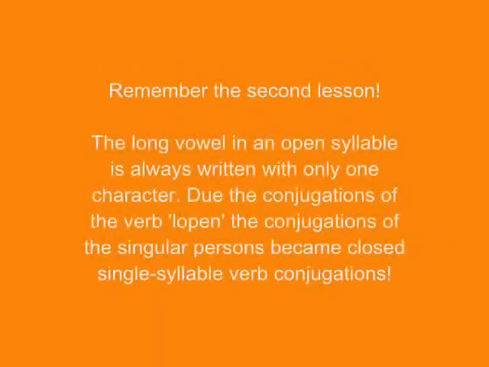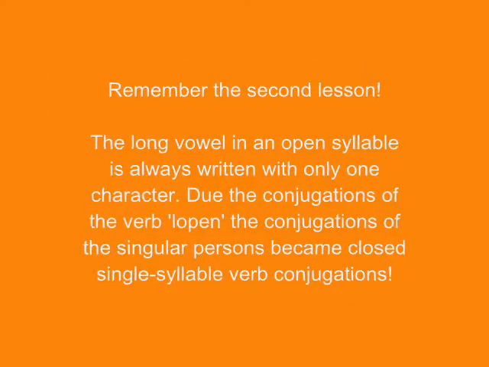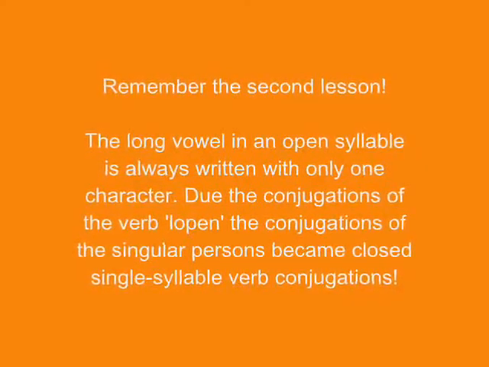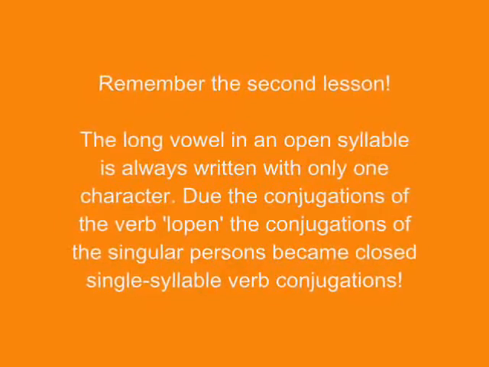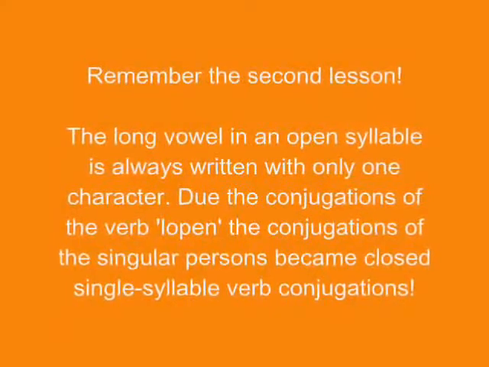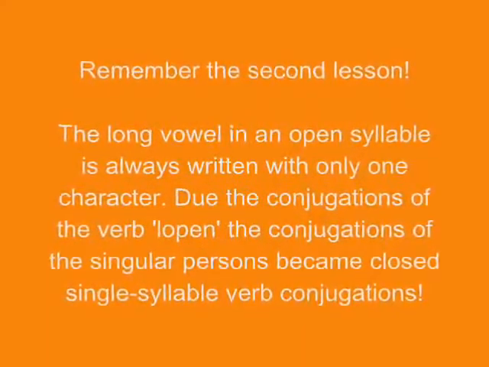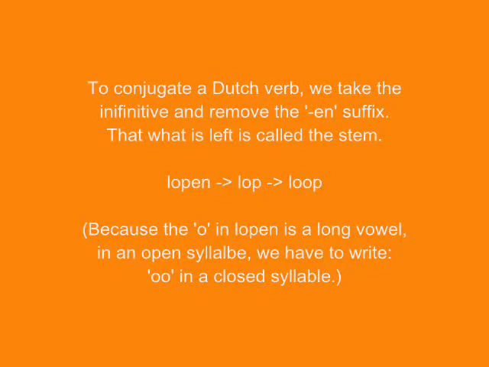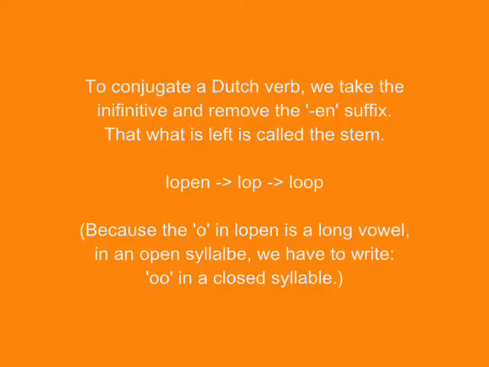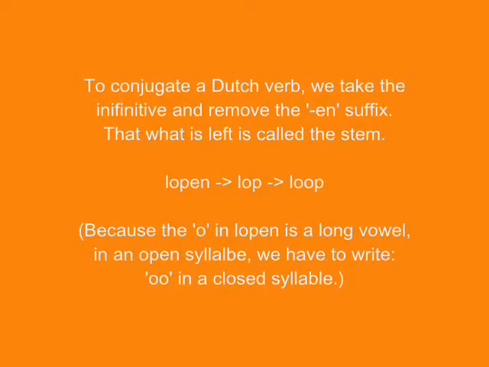Remember the second lesson. The long vowel in an open syllable is always written with only one character. Due to the conjugations of the verb lopen, the conjugations of the singular person became closed single syllable verb conjugations. To conjugate a Dutch verb, we take the infinitive and remove the en suffix. What is left is called the stem. Lopen without the en suffix becomes lop.